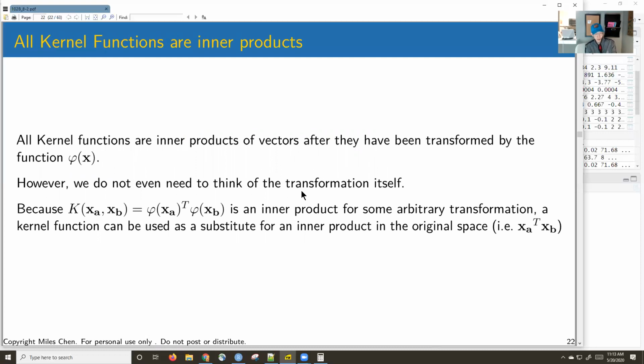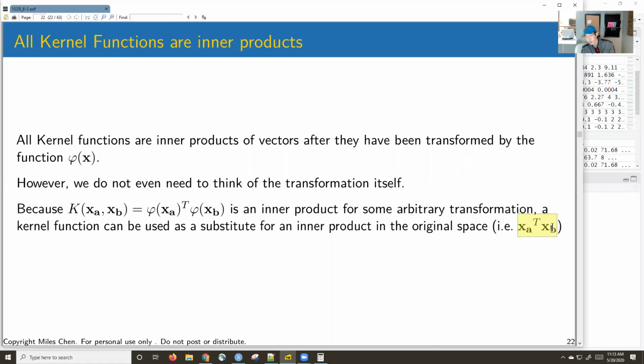All of these kernel functions that we look at are inner products of vectors after they've been transformed by some function phi. But again, we don't need to know what that transformation function phi is. Because this kernel function is just an inner product for some arbitrary transformation function, a kernel function can be used as a substitute for an inner product in the original space.